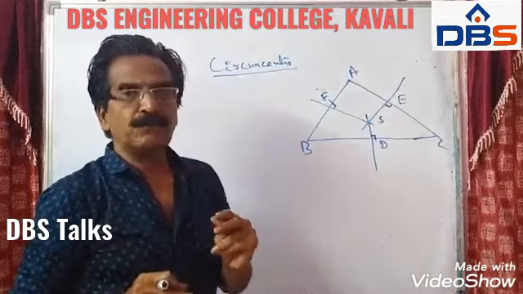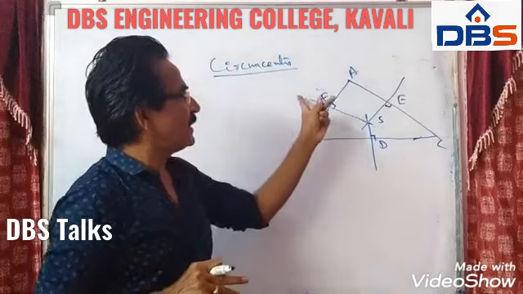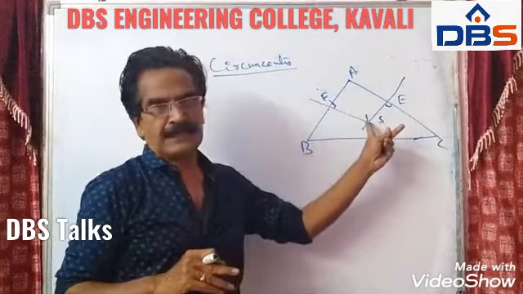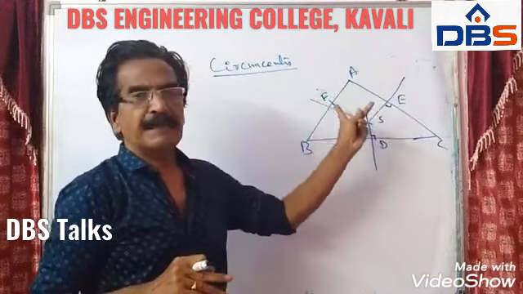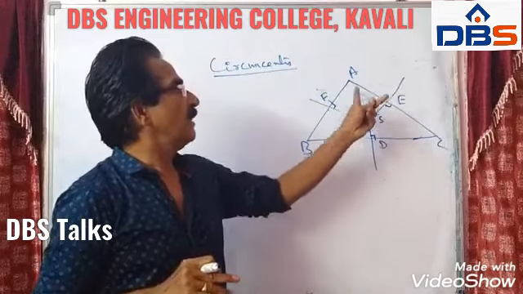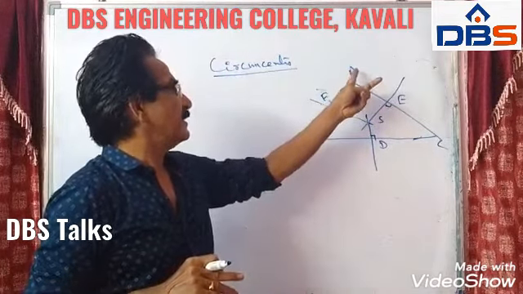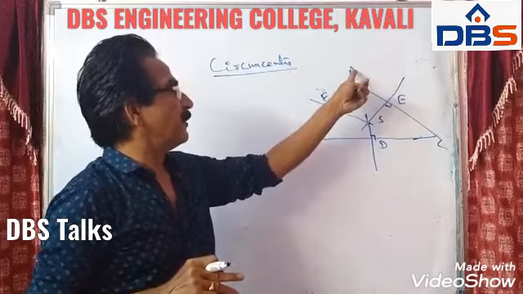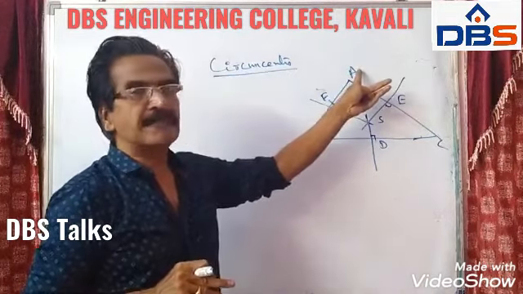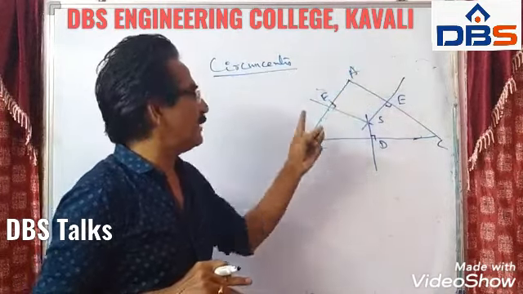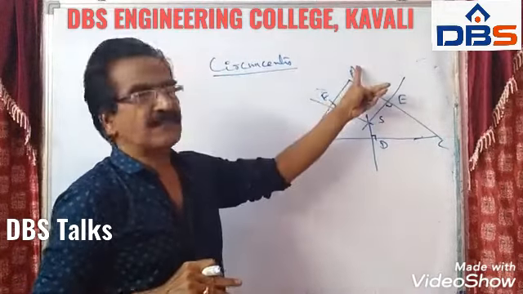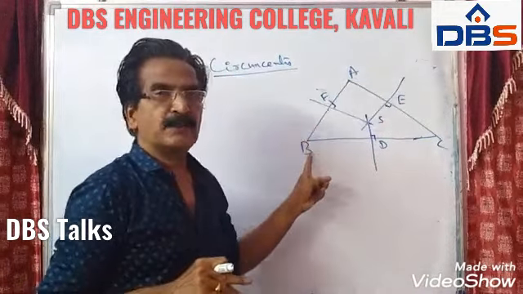Now we are going to find the equation of the perpendicular bisector of the line joining A and B, whose coordinates will be given. A will be given, B will be given. This is say x1 y1, this is say x2 y2.